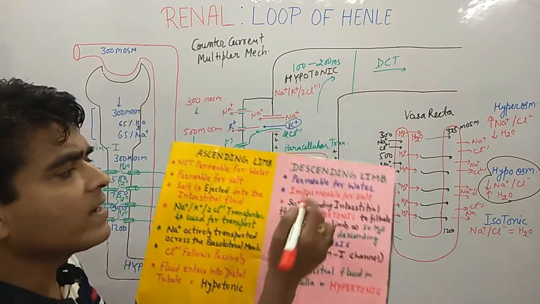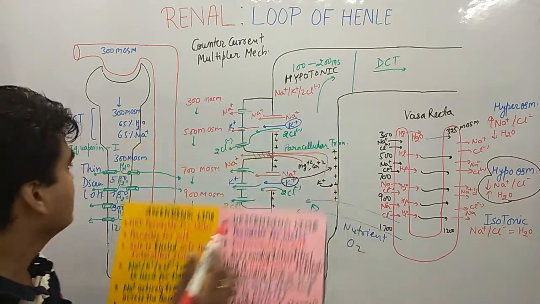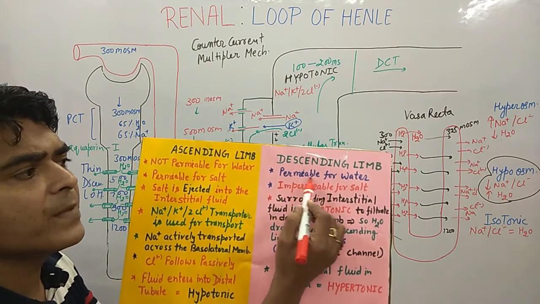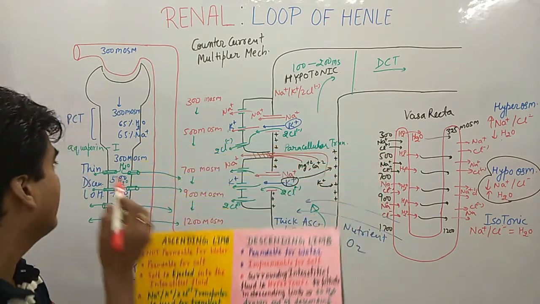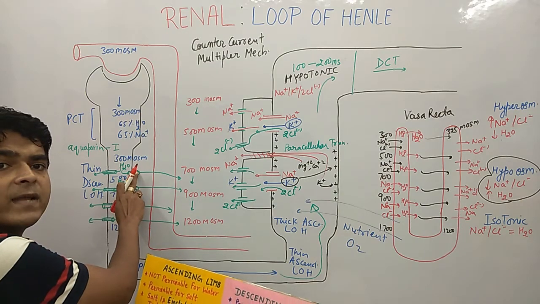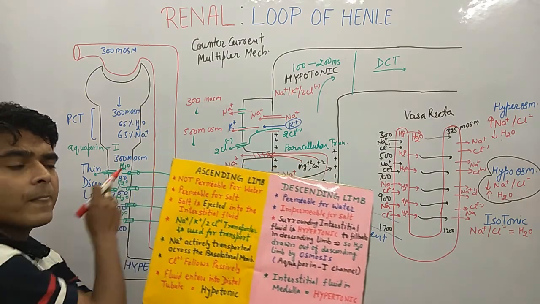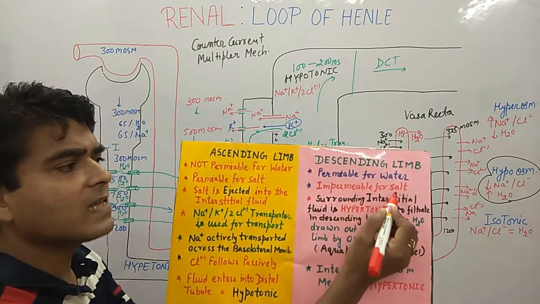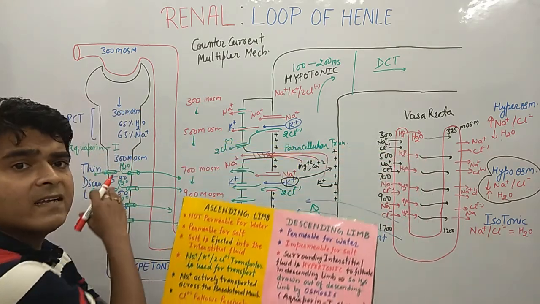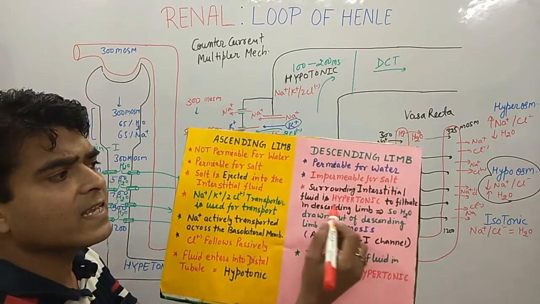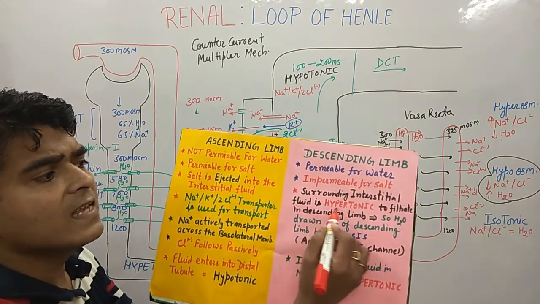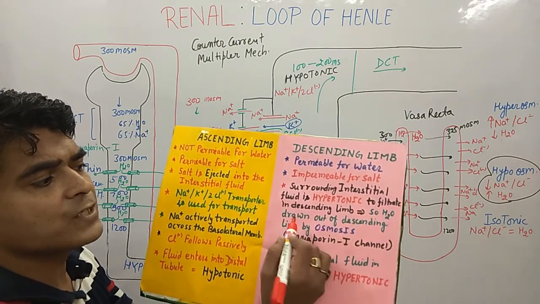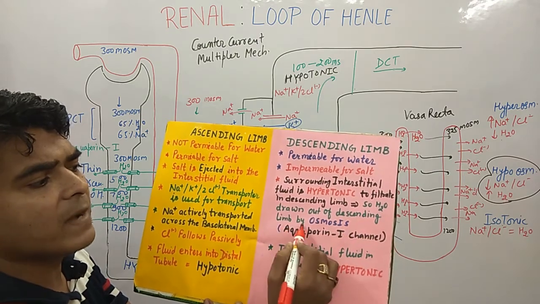Clear everyone? Now look at here, what about the descending limb. जो descending limb है उसके बारे में क्या है. तो पहली बात मैंने ये बताई आप लोगों को कि permeable for water, ये water के लिए permeable है. तो यहाँ पर आप देखिए aquaporin channel मैंने आप लोगों के लिए बनाया है. Okay. Then impermeable for salt, it is impermeable for salt. So salt के लिए यहाँ permeability नहीं है. तो surrounding interstitial fluid is hypertonic to filtrate in descending limb so as to draw water out of descending limb by osmosis.